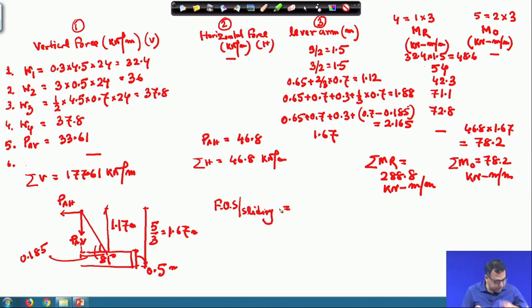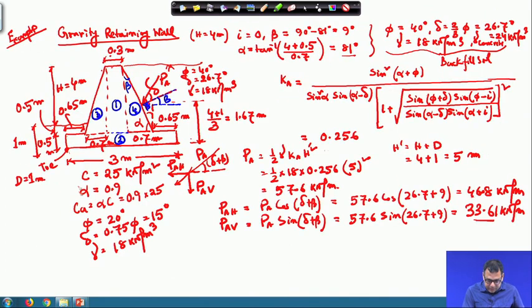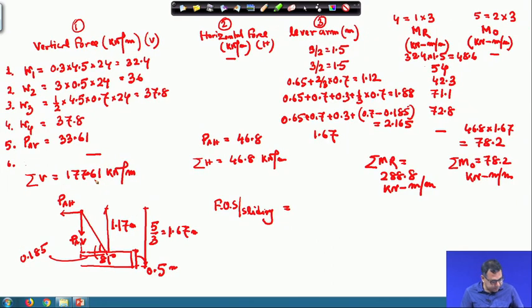And as I mentioned, if your base soil is a c-phi soil, then the factor of safety for sliding will be equal to c_a times B, plus summation of all vertical forces times tan delta, divided by summation of all horizontal forces.